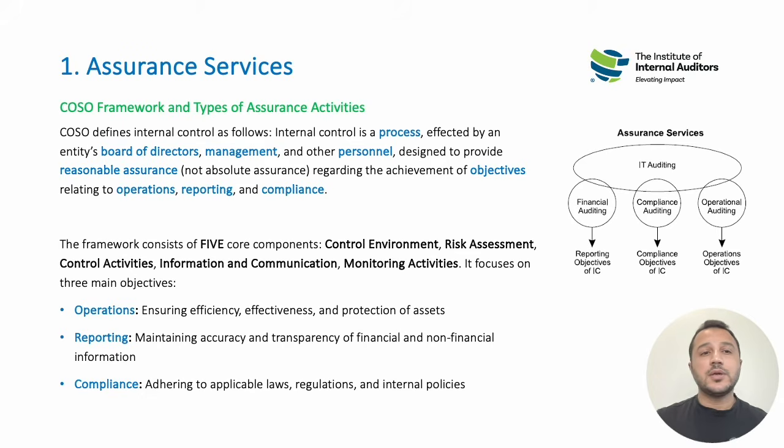So these are the three main objectives why we need the COSO framework as an overall framework to enhance the control environment within the organization. Hence, going through all this discussion, we conclude that the assurance activities within the organization basically help to improve the control environment as per the COSO framework.